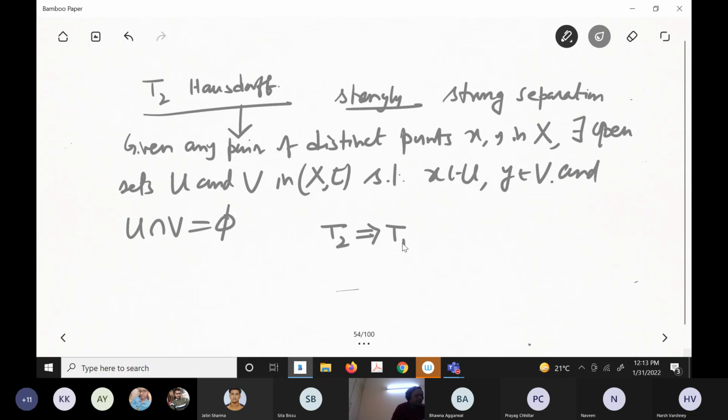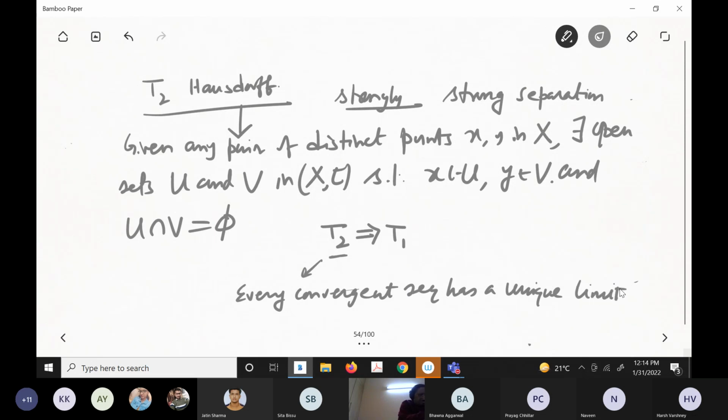Now we see there is some link between first countable and T1. For T2 I have seen that every convergent sequence has a unique limit. The question is whether for T1 you have it or not.